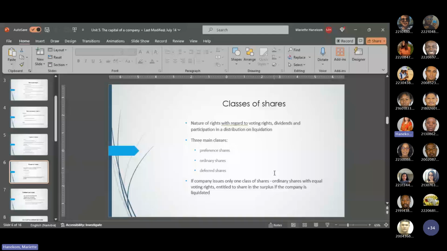These rights can vary: rights regarding voting, rights regarding dividends, rights regarding participation in distribution on liquidation, etc. So think of every class of shares as a bunch of flowers. Different flowers in the bunch, different rights. So there's a bunch of mixed flowers with different rights. Then there's a bunch of yellow flowers that has different rights, and a bunch of purple flowers that has different rights. Try to picture it like that.